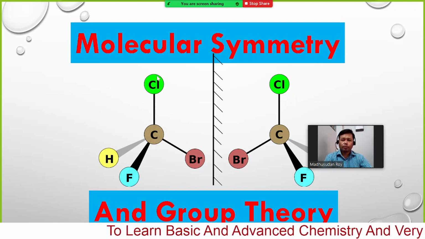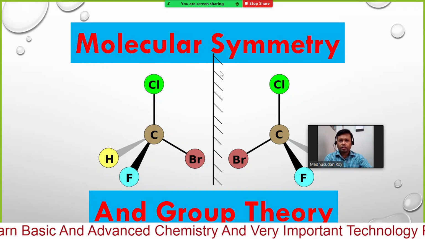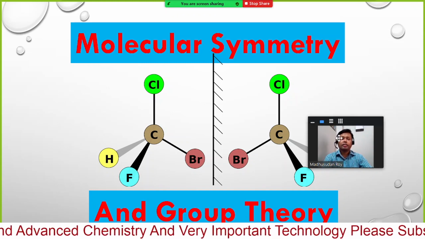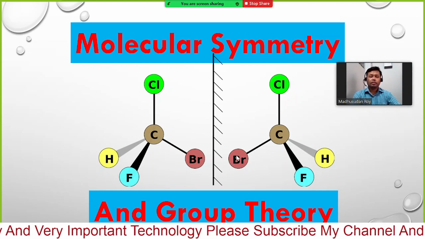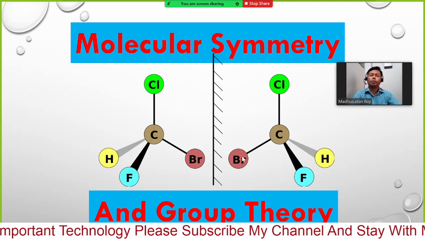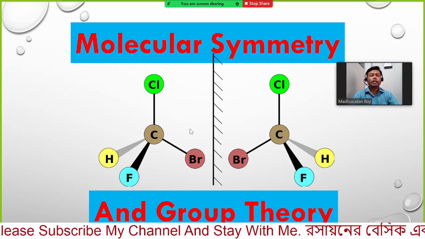If you put a mirror here, that can be one similarity, that means this bromine and this bromine, but you cannot overlap them, that means this is the mirror image.